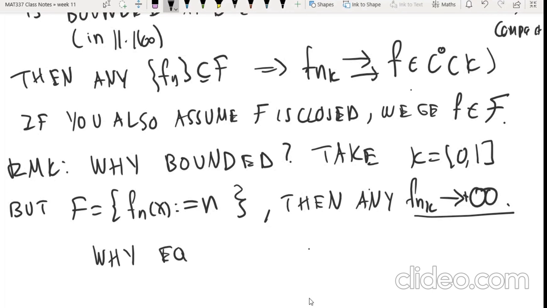Why equicontinuous? See the example from Tuesday.